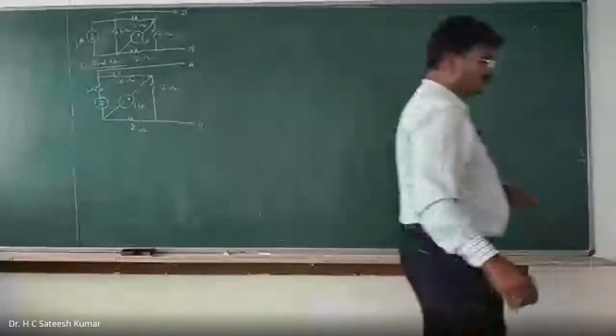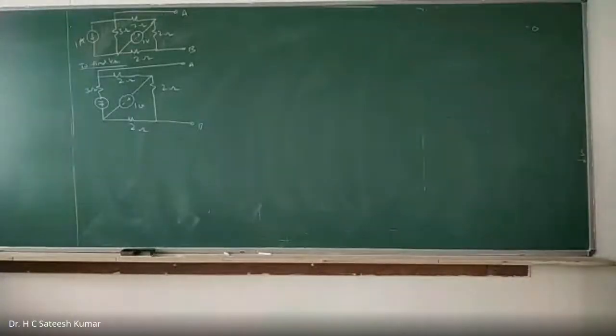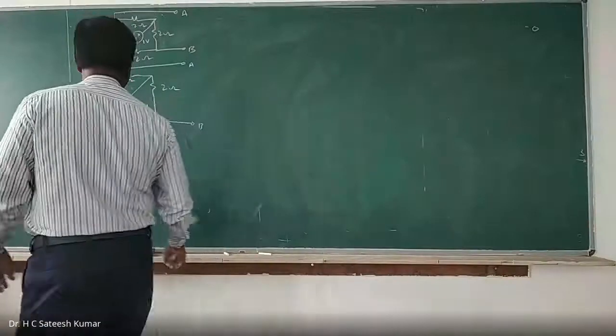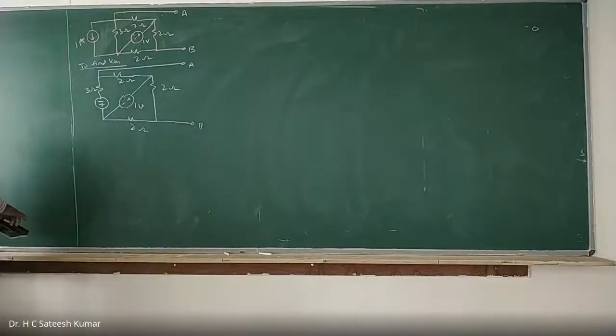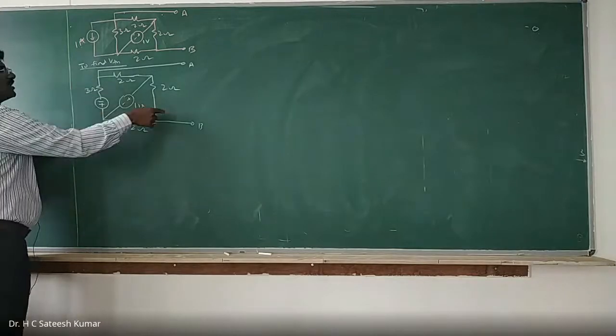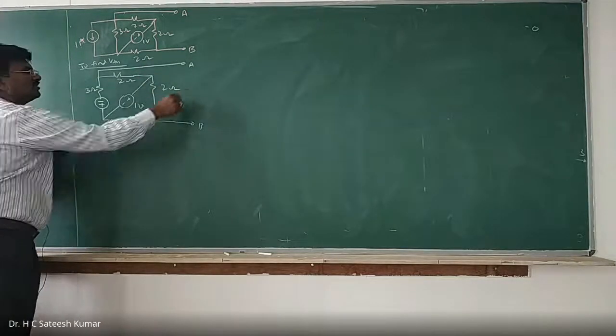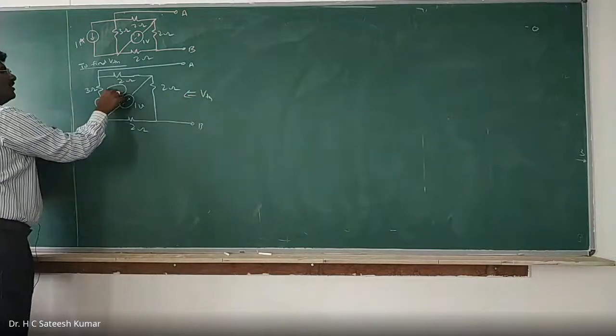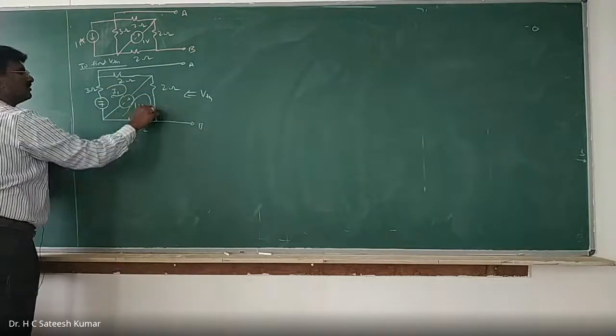Now, what do we have? We have to find out the voltage between these 2 points. This is your VTH. First you find out the current. You apply KVL. This you call I1, this you call I2.